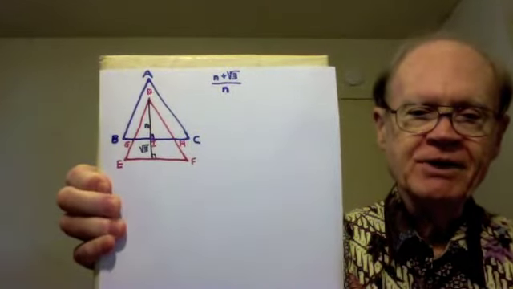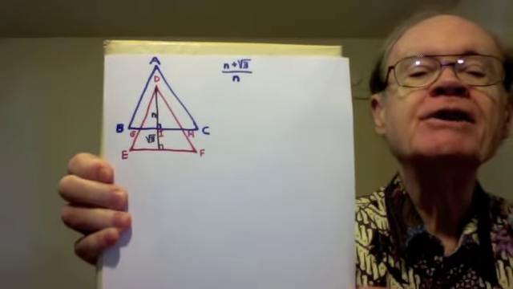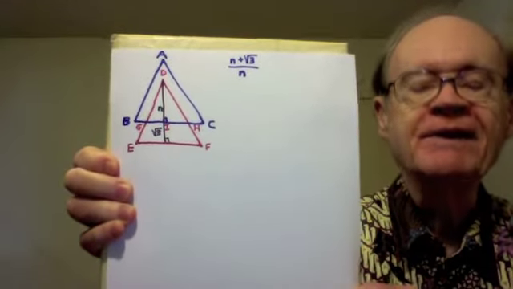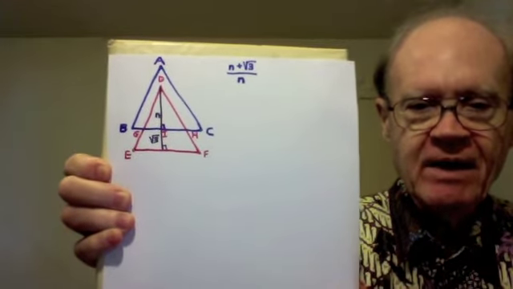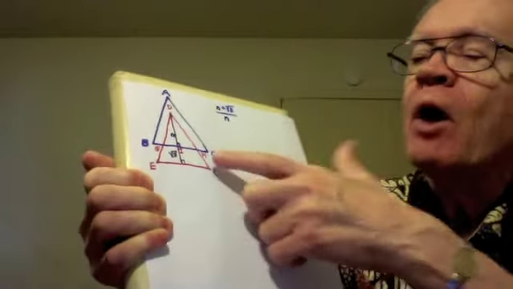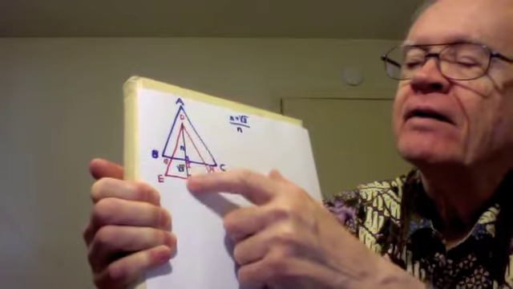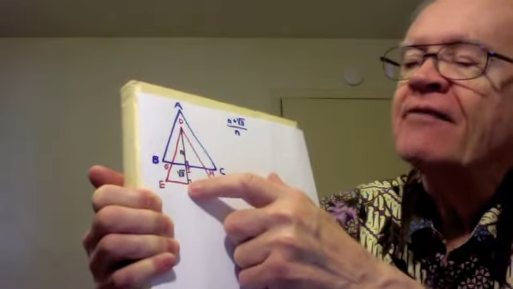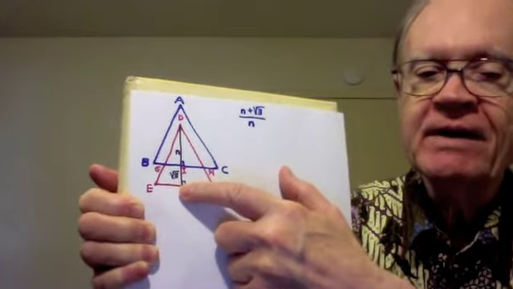Now in our challenge, consider the heights of triangle DGH and of triangle DEF, DEF being congruent to ABC. The height of triangle DGH I'm calling N, and the height of the red triangle DEF is then N plus root 3.